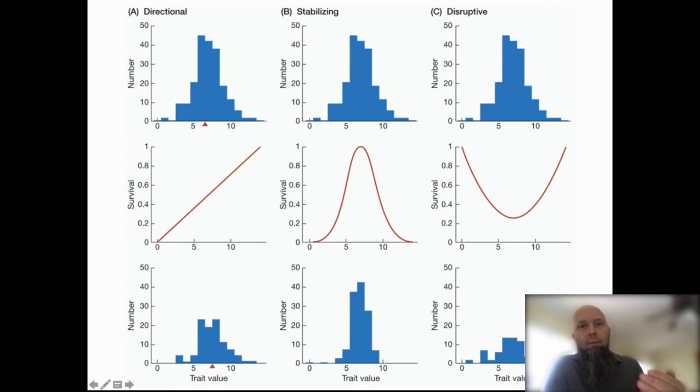And what we're seeing in this graph, we're going to work through each of the three columns here separately, is that if you start out with the graph at the top and you subject that population to the selection regime illustrated by the red line in the middle, what you're going to end up with is a new population after selection that's on the bottom of the series of graphs.